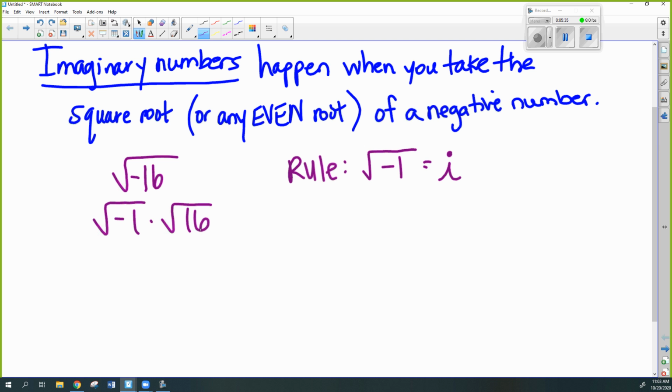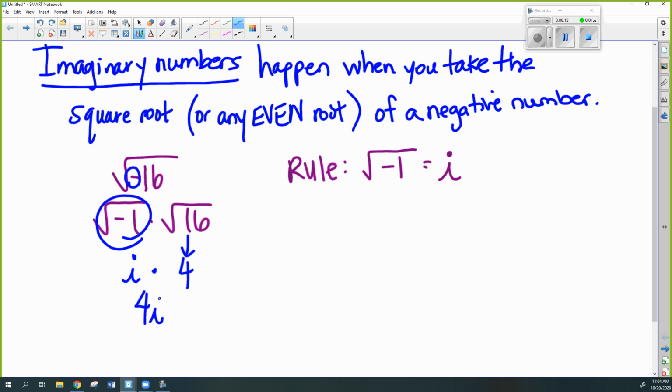Anytime there's a negative underneath, it's really the square root of -1, and that makes an i. And then you have the square root of a positive number that you can actually work out. In this case, the square root of 16 is, as Remy told me earlier, 4. And so if this is 4 and that is i, and they're multiplied, then my answer is 4i.